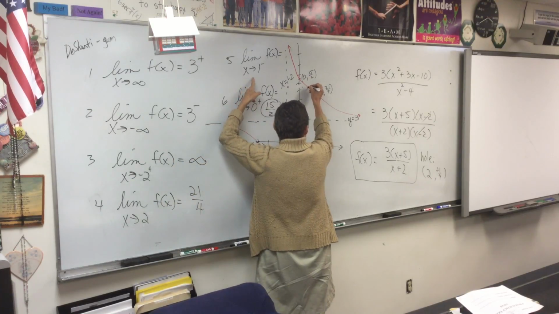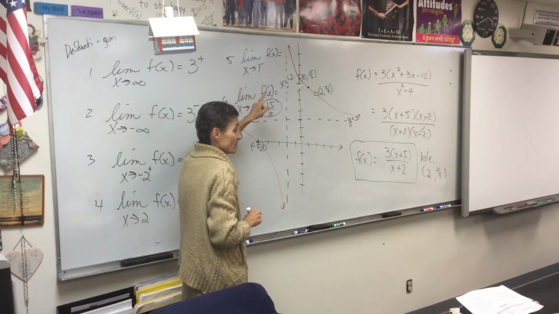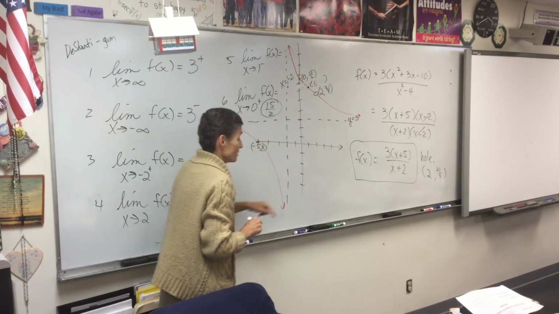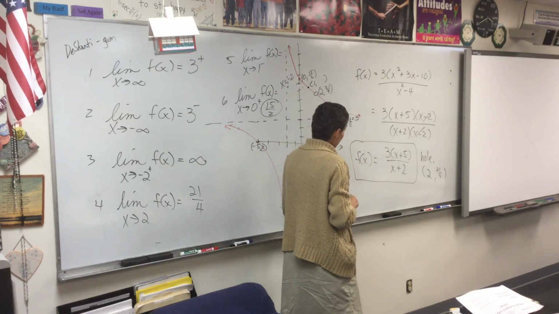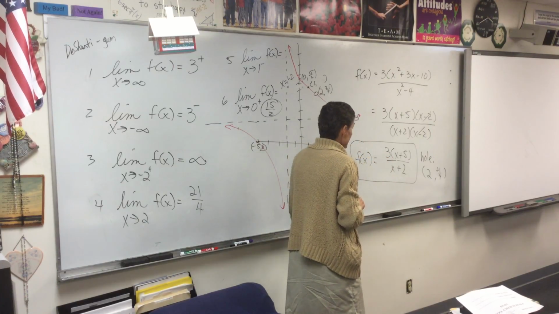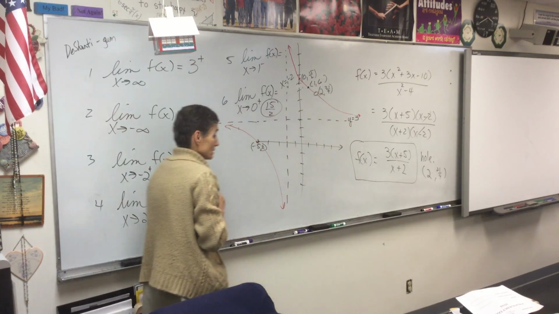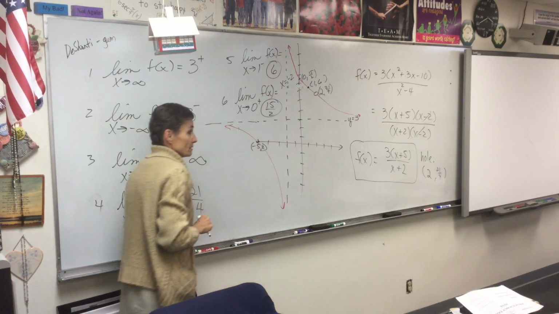Isn't x equal 1 some point on the graph? Now I don't know what point it is, so I have to figure that out. But that's the point 1 comma what? How would I figure it out? Plug 1 in. And when I plug 1 in, I get 18 over 3. I get 6. So the answer to this one is 6.